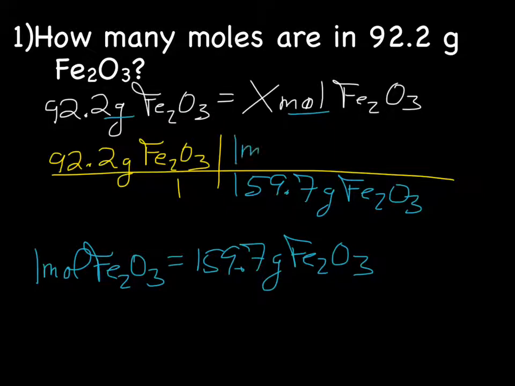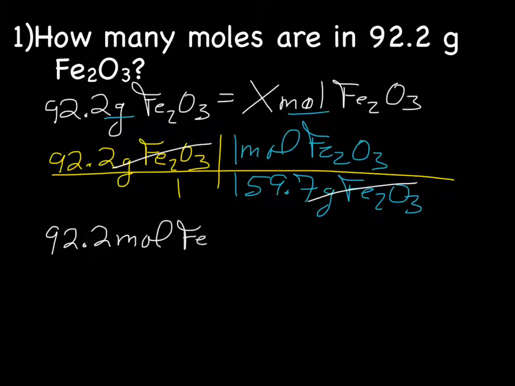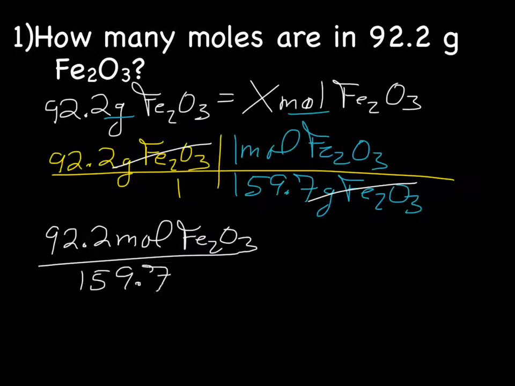Top 1 mole Fe2O3. Alright, this time we need to multiply across the top, multiply across the bottom. So we get 92.2 mole Fe2O3 over 159.7.